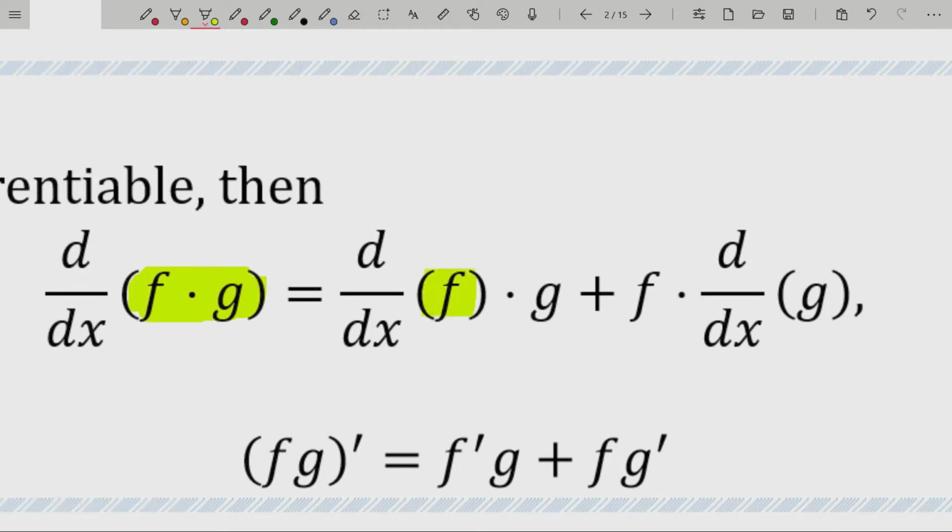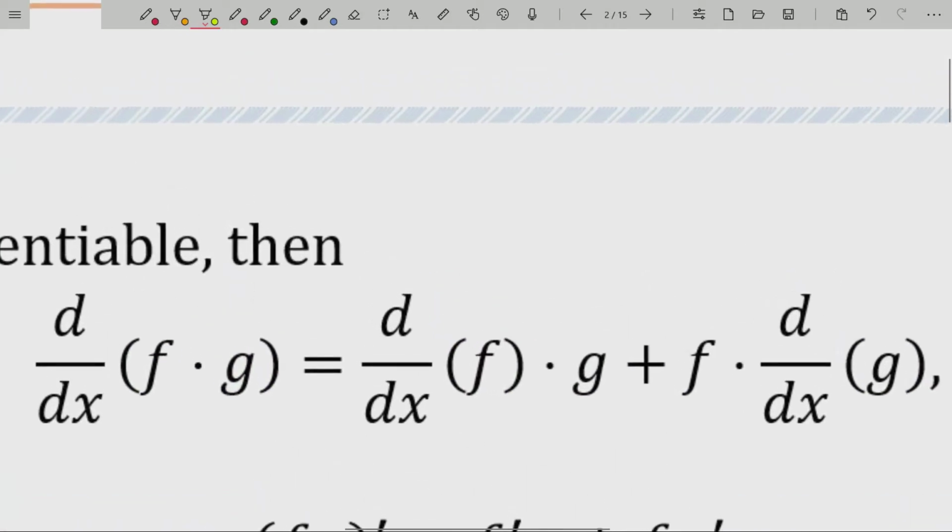Each function you're eventually going to take the derivative of, it's just that you're going to multiply them against the other function's non-derivative, I guess you could say. Zeroth derivative is what we normally call it.